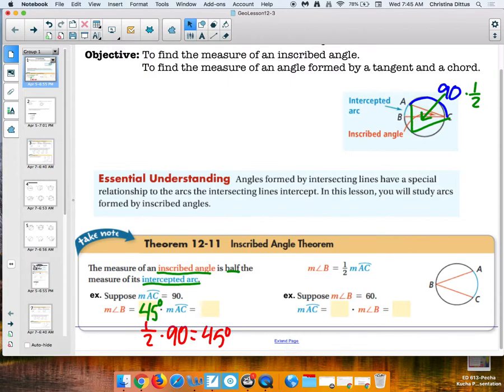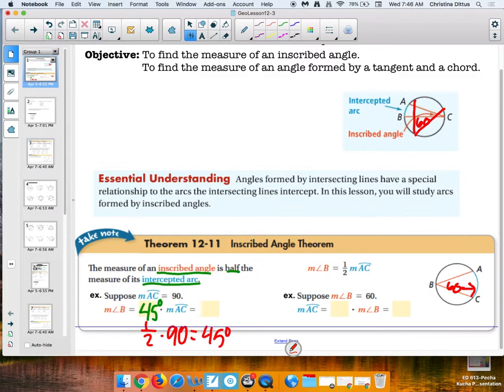It also works the opposite way. If I have the degree measure of an inscribed angle, so all the way inside of my circle, let's say it's 60, when I bring it out, well, if I halved it when I brought it in, to bring it out, I'm going to times by 2.